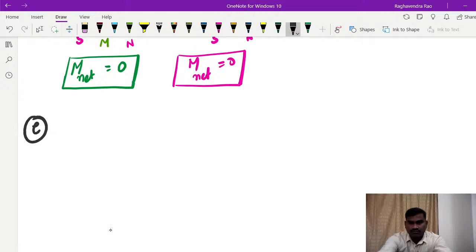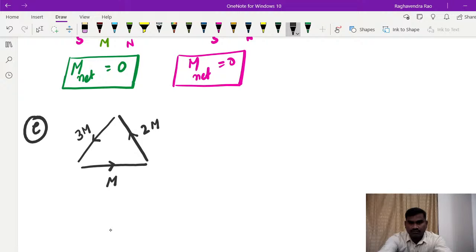Next case. For example, three magnets of different magnetic moments are arranged as the three sides of an equilateral triangle in the same order. Now this has magnetic moment m, this has magnetic moment 2m, and this has magnetic moment 3m.